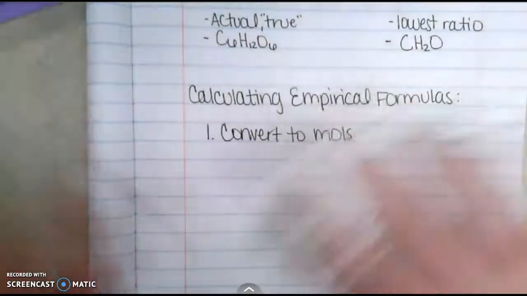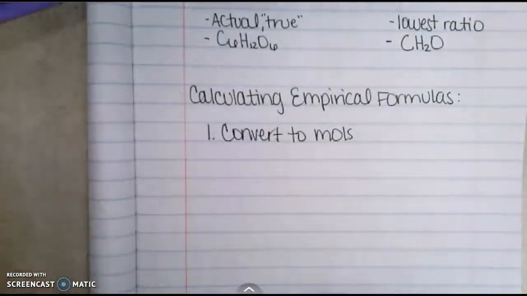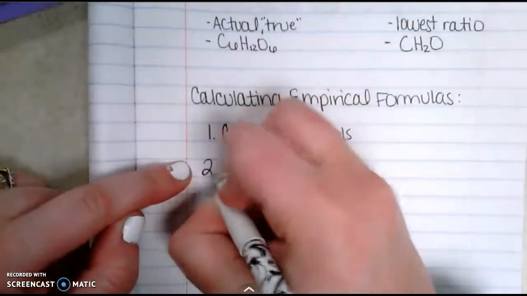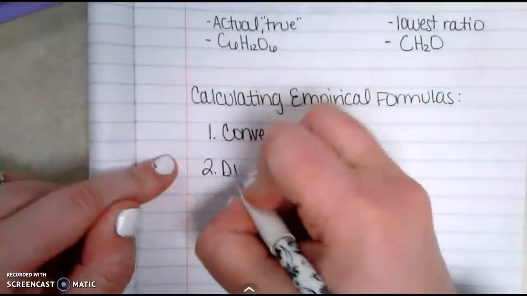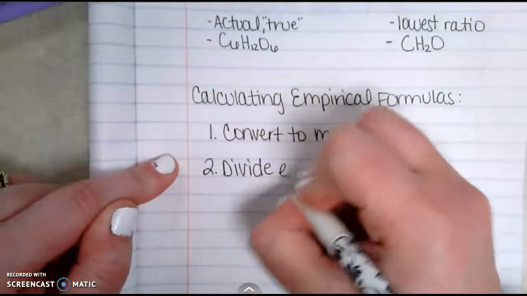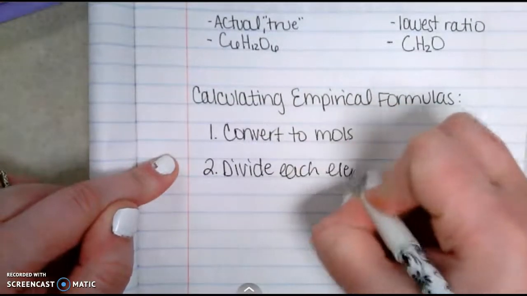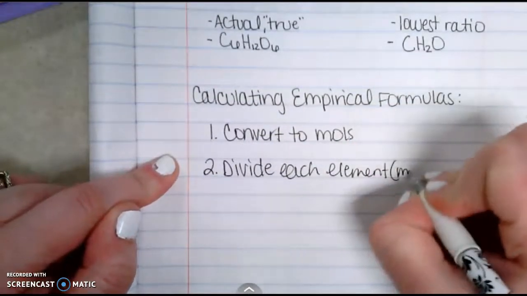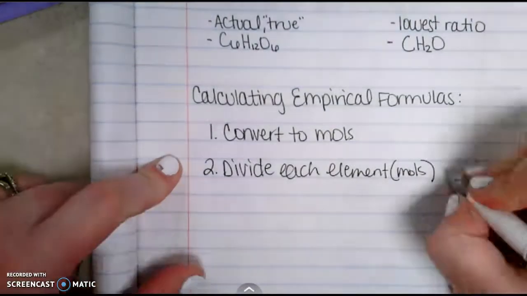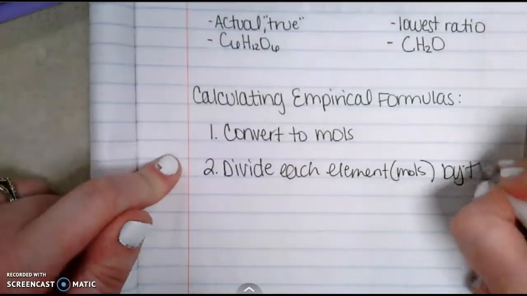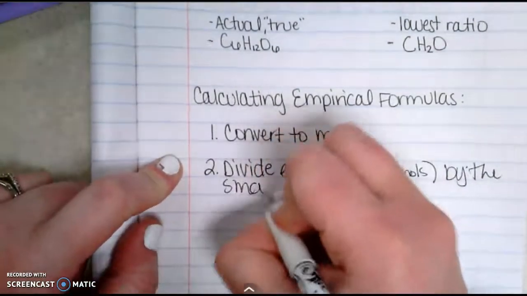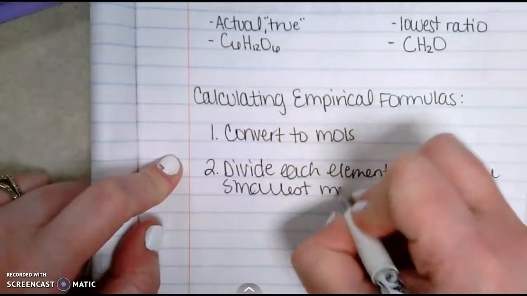Just convert it to moles, it makes it easier. Then our next step is to divide each element's moles by the smallest mole.